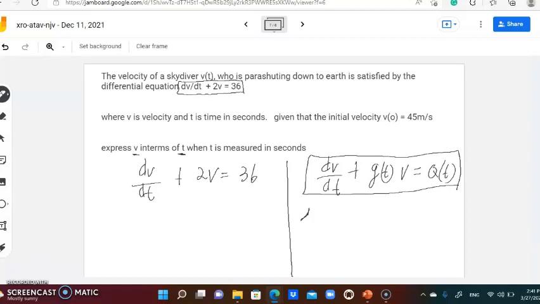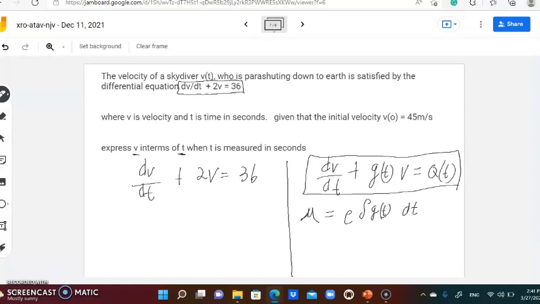I'm going to call my integrating factor mu, where mu is equal to e to the integral of g(t) with respect to t.